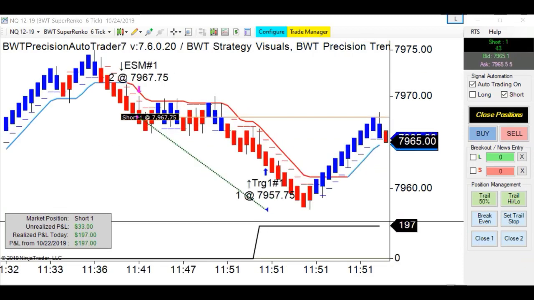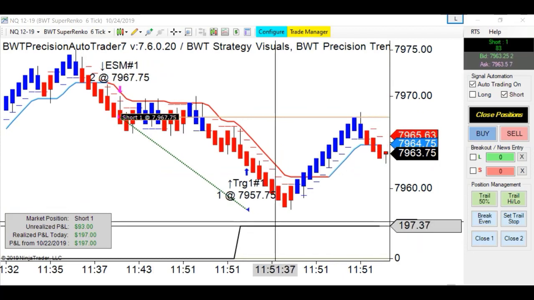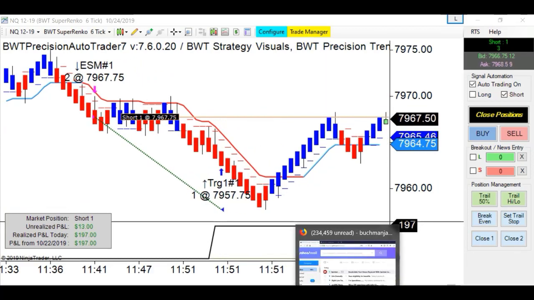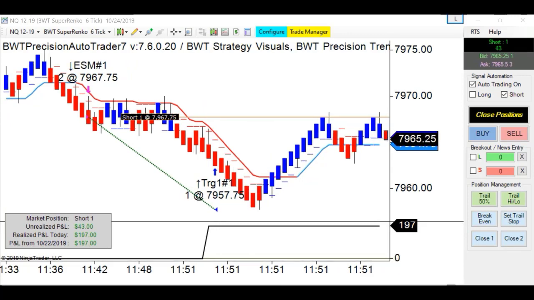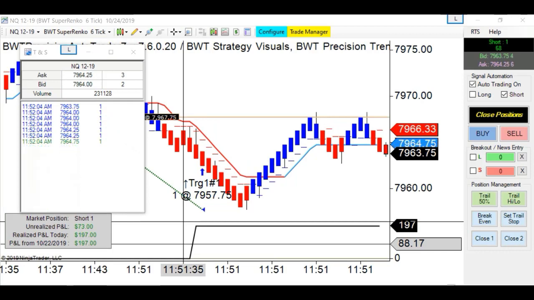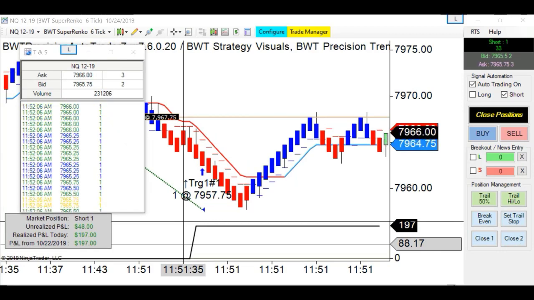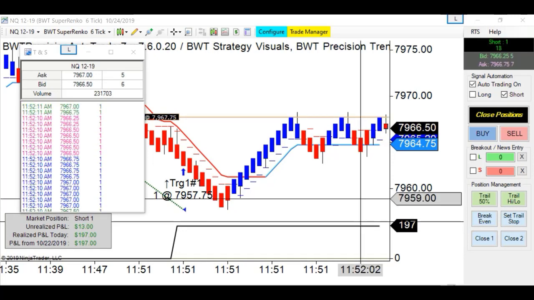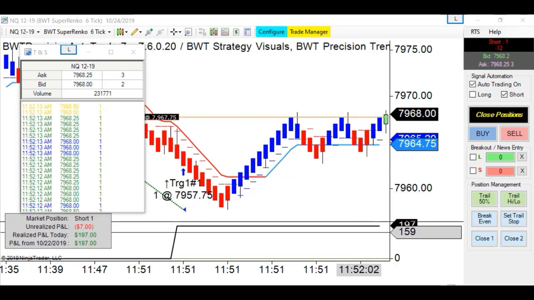Well, here was that sharp move lower, and I got filled. Look at that. That's a bizarre fill. Wow, there was this really quick move. I don't know what happened there, but very quick, sharp move down. And hit first target. They're trying to recover now.